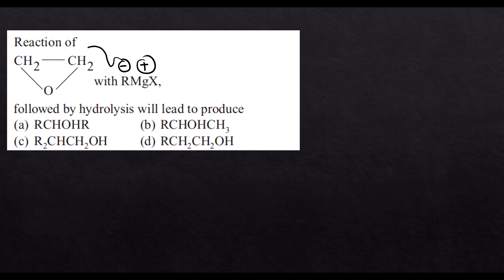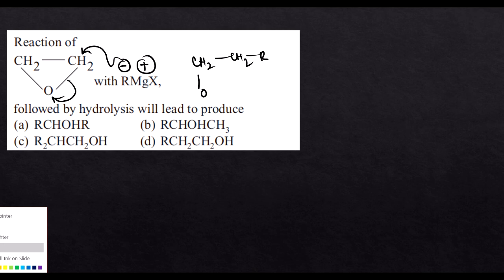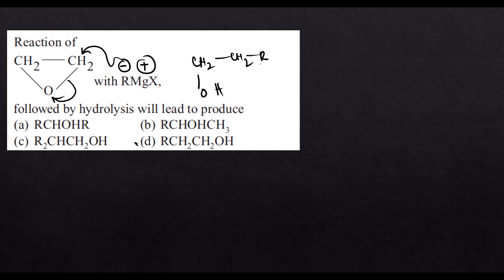So that R will attack one of the CH2 carbons, and that bond will break and will form CH2CH2R, and O minus will get attached with MgX plus, and after hydrolysis this O negative MgX part will become OH. Here the product will become RCH2CH2OH. Let's find the option RCH2CH2OH. Option D will be the correct option.